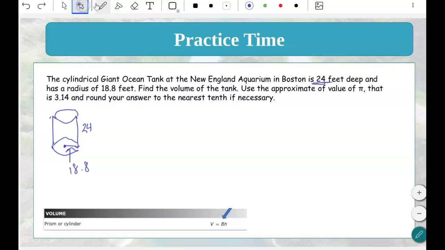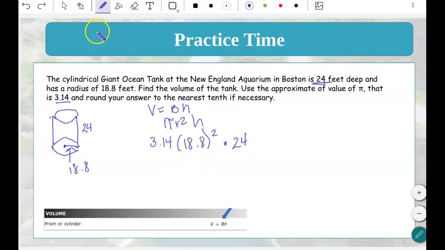And so we're going to go ahead and write our formula. It is a circle for the base, so we're going to do pi r squared. It does say to use 3.14 for pi, so let's substitute that number in. And then it's going to be 18.8 squared, and then times the height of 24.